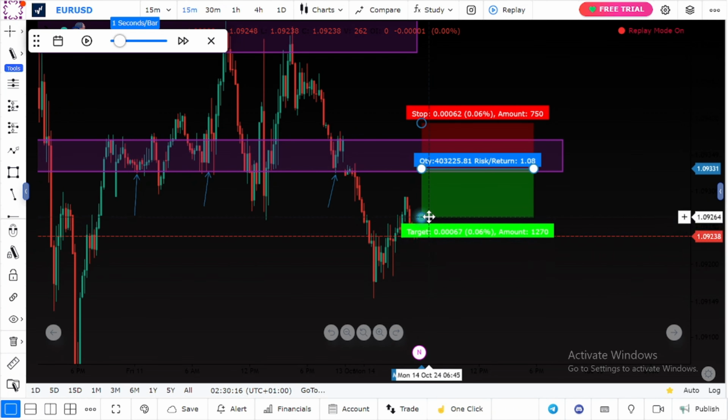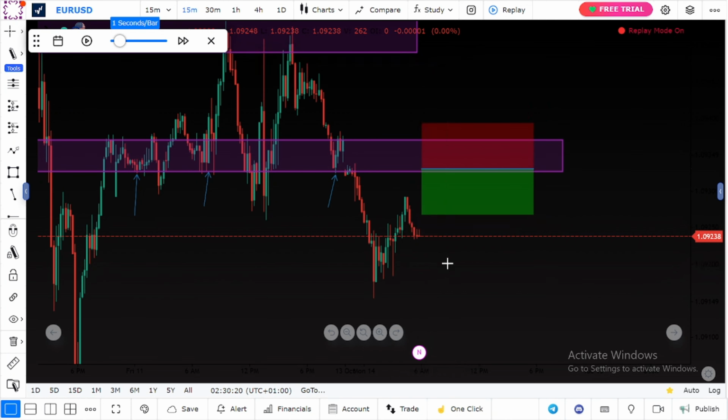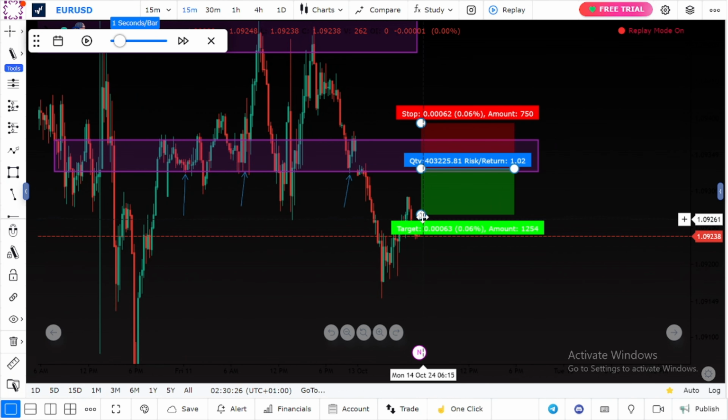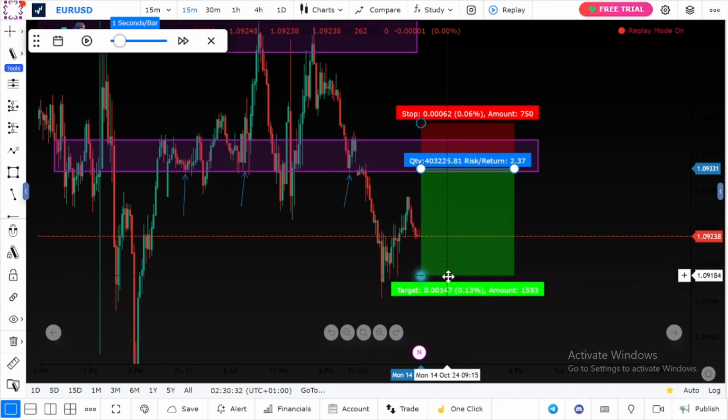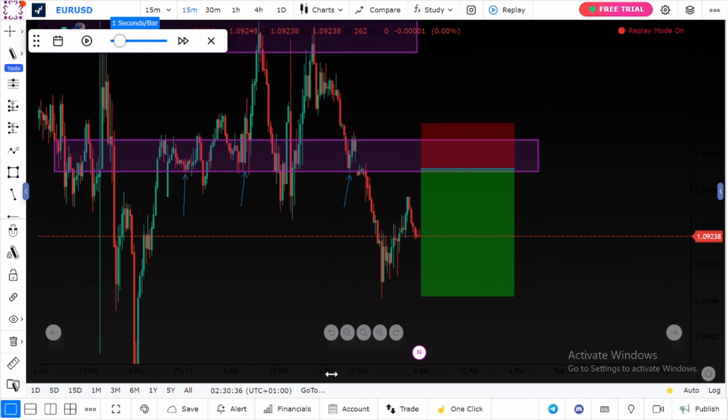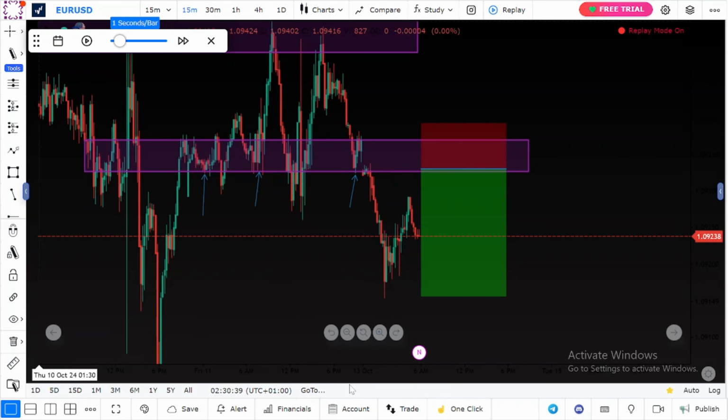Originally, what I like to target is 1:1. Well, guys, let me tell you guys something, right? I'm still trying to build the hang of holding my positions for longer. Holding my positions for way longer. So I would have held the position for something like this. That's what I would have done, but I didn't.